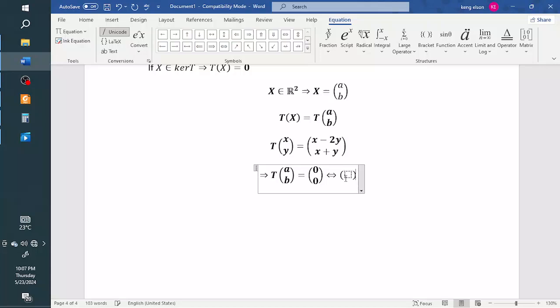If and only if I have (a minus 2b, a plus b) equal to (0, 0).